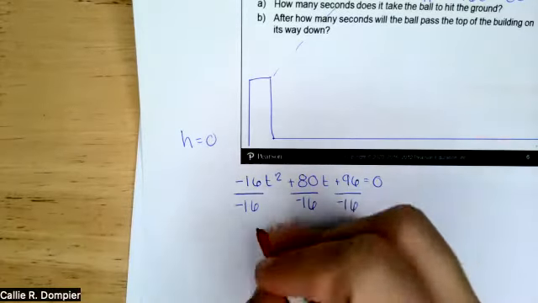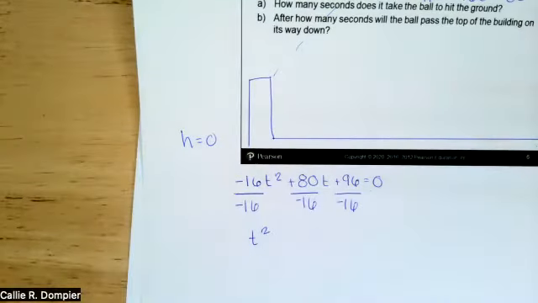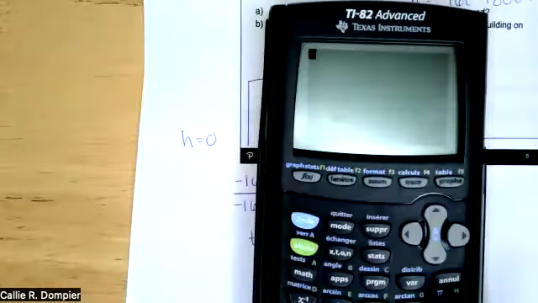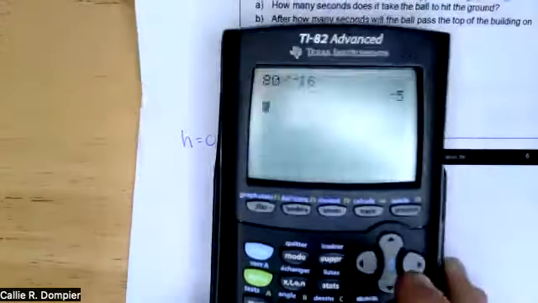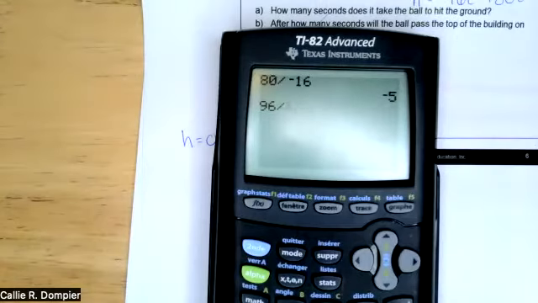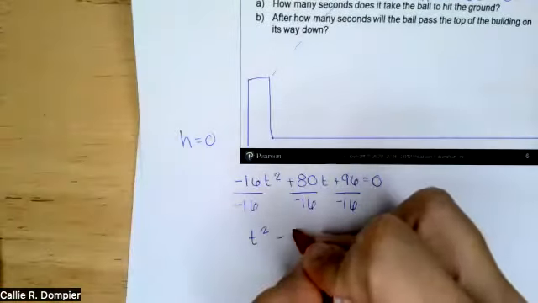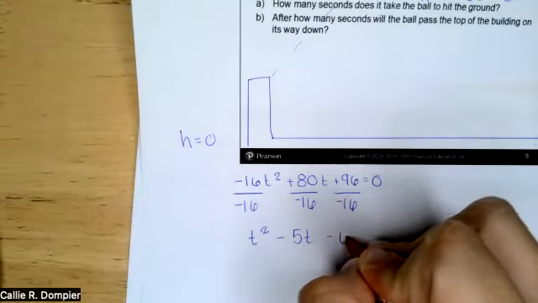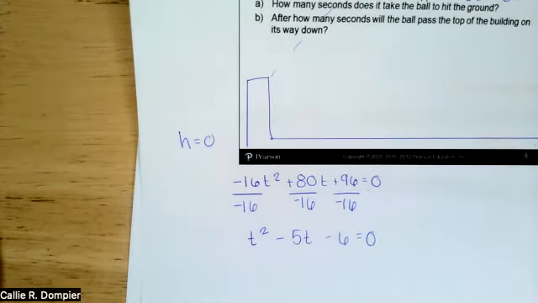So negative 16 divided by negative 16 is just t squared, or 1. 80 divided by negative 16 is negative 5. And then 96 divided by negative 16 is negative 6. Good.